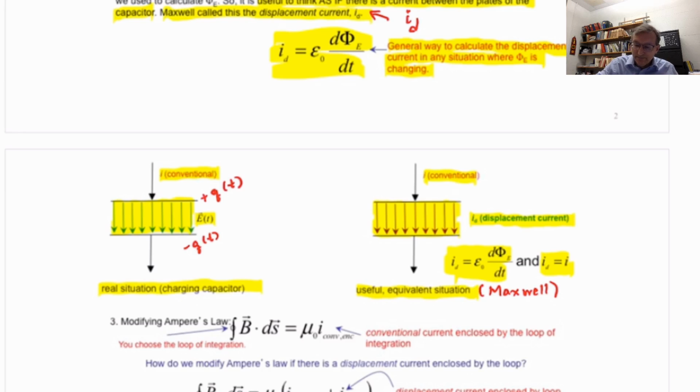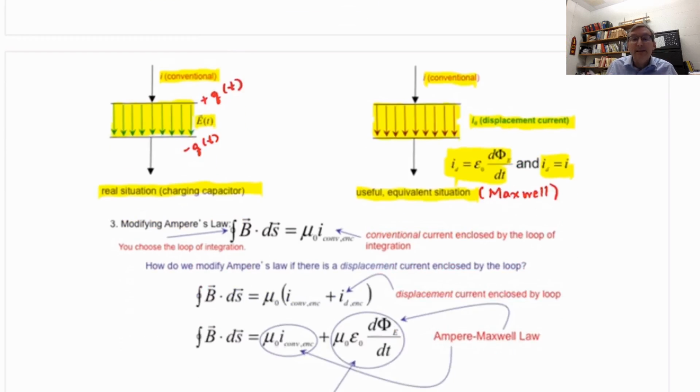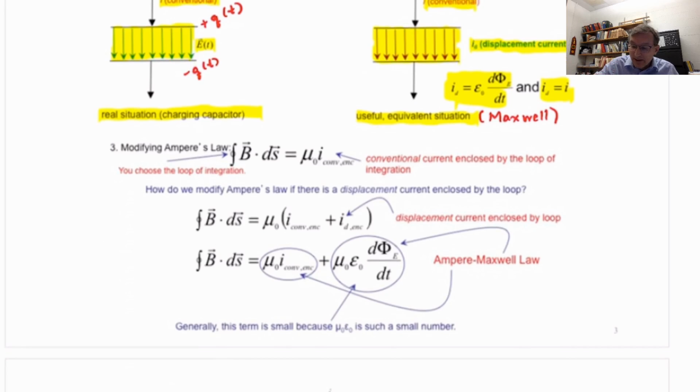All right, now, with that new idea about displacement current, whenever you have a loop with changing electric flux, we can go back to an idea we've already had and note that it has to be modified now. The idea we have to go back to is Ampere's law. Let me remind you of how we learned about that in chapter 29.